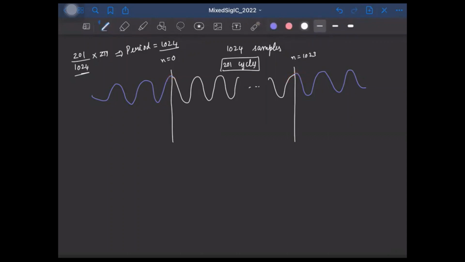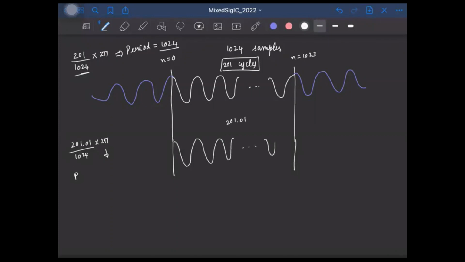But let's say I change the frequency to 201.01 by 1024 times 2 pi. Obviously this signal does not have a period of 1024. Within 1024 samples, it will complete a total of 201.01 cycles.